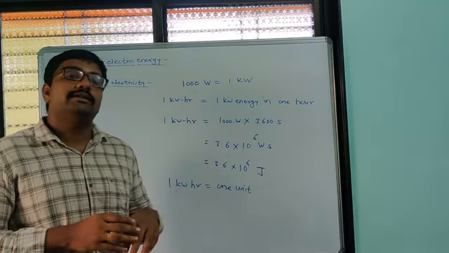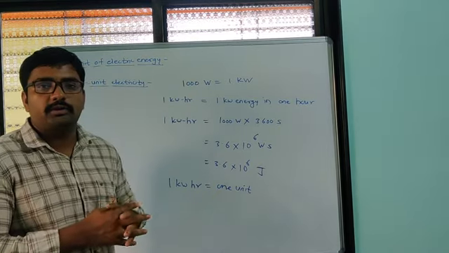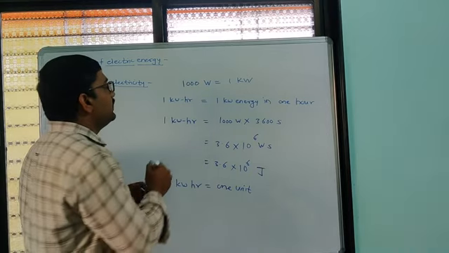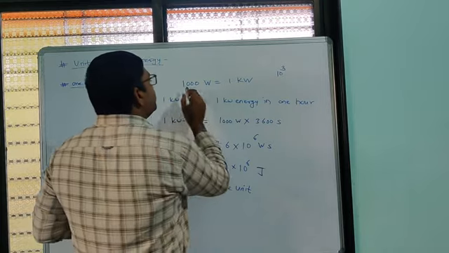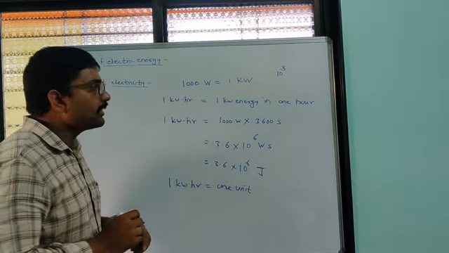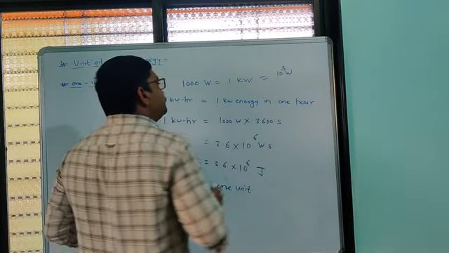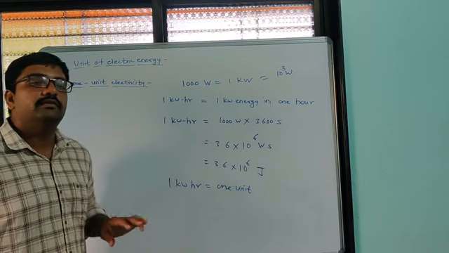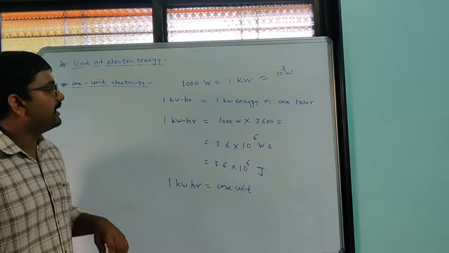So instead of watt we generally use kilowatt. Now kilo means what? Kilo means 10 raised to 3, try to remember, that is 1000. So we use this kilowatt unit for the conventional use of electricity, that is 1000 watt.